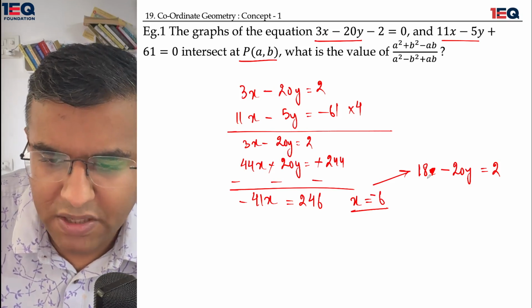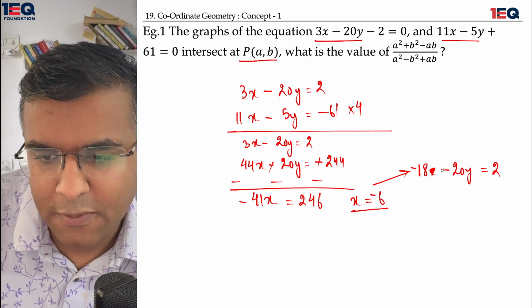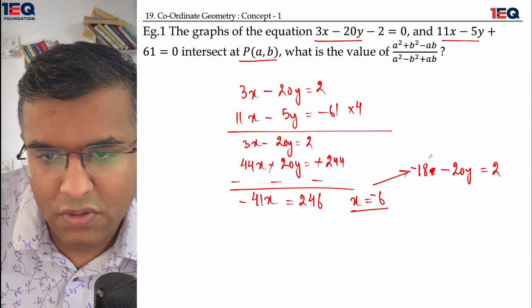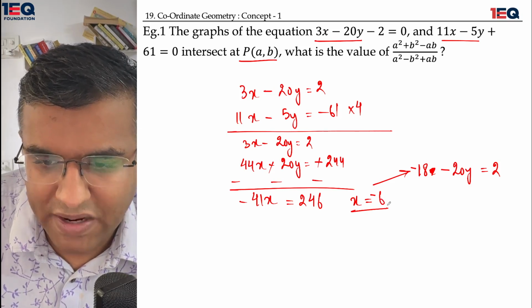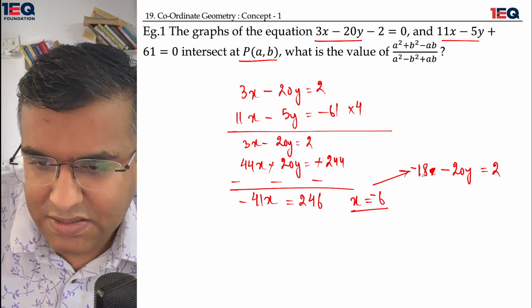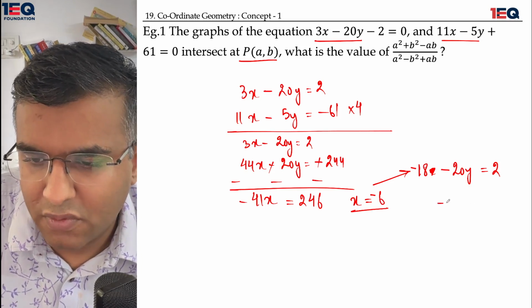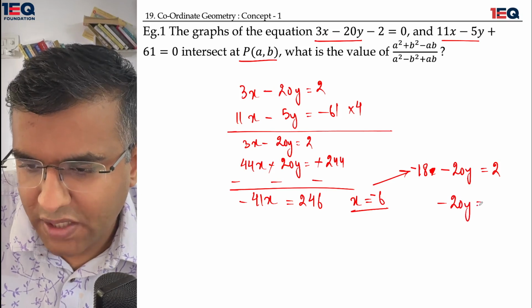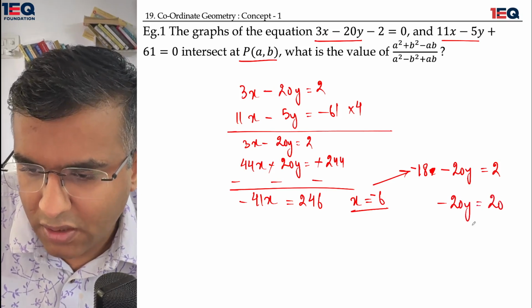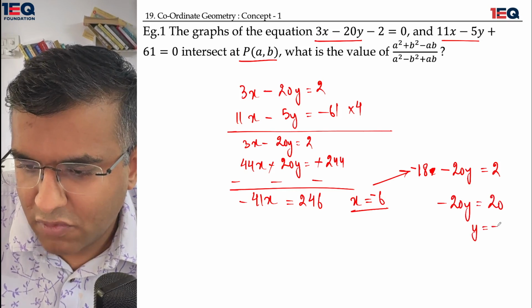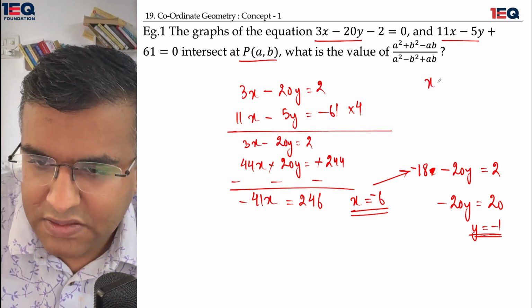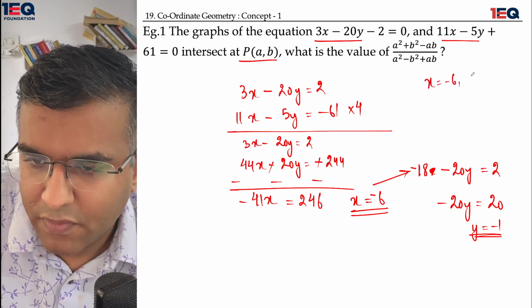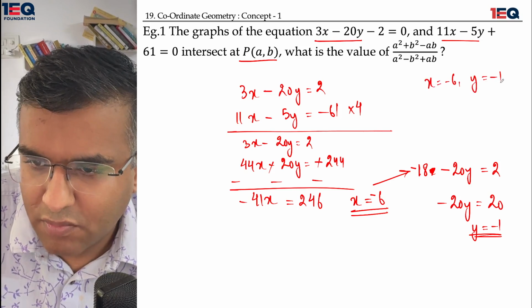The value of x is minus 6. This is minus 18. It's going to go the other way. So if the value of x is equal to minus 6, this minus 18 would go the other way, and this minus 20y would convert to 20, and the value of y would become minus 1. So I have x = -6 and y = -1.